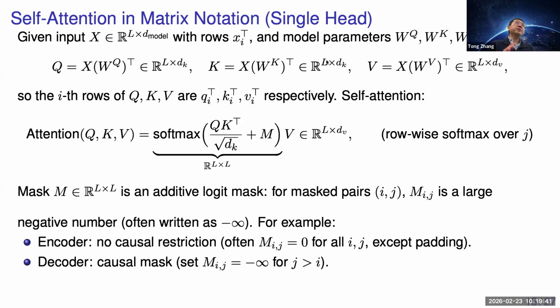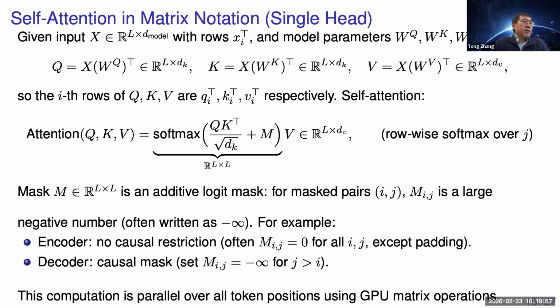You're always doing this particular matrix multiplication no matter how the attention mask works, but then you mask out some of the entries. And this achieves the parallelism. This is computed in parallel using the GPU, and this is why it's designed this way, why you have the attention mask. Okay, and additive, why it's additive.